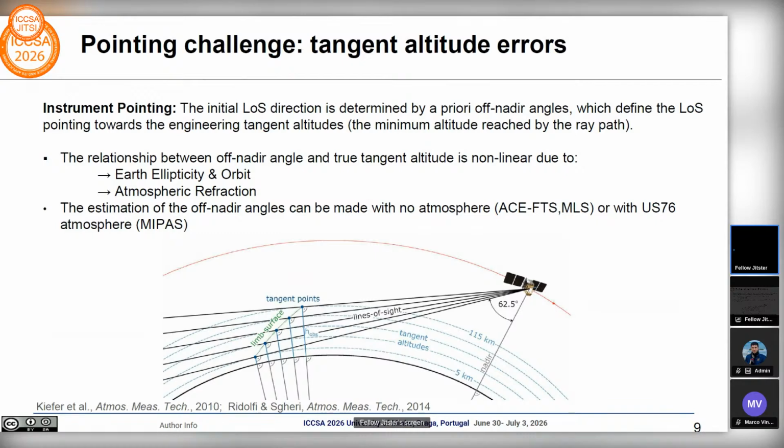The tangent point is the point of the trajectory closest to the Earth's surface. So the instrument needs a certain view angle matrix that associates a certain pointing angle or off-nadir angle with a certain tangent altitude. This is crucial because the instrument cannot know the atmosphere a priori.